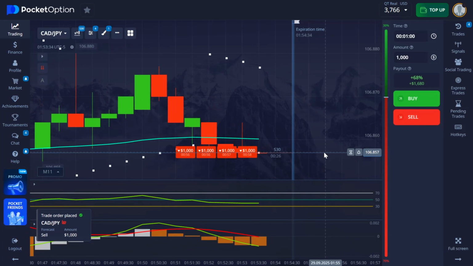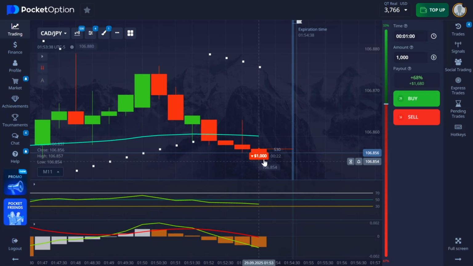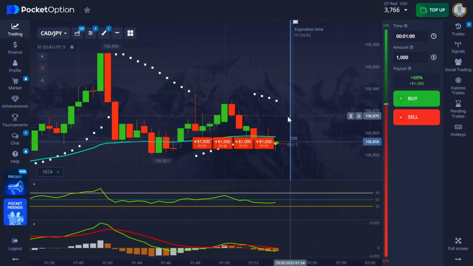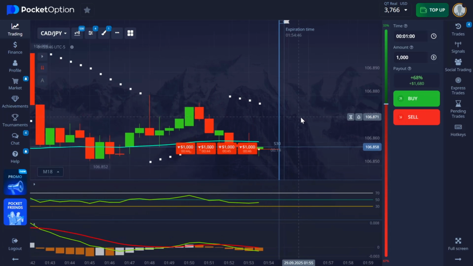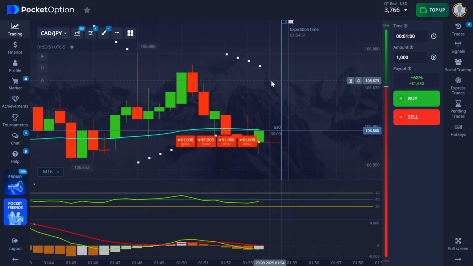Right, guys, so I took this trade right here mainly because I saw this American candle breaking the moving average. Alright, it signals to me downtrend movement, and we have 1, 2, 3, 4 parabolic SAR.